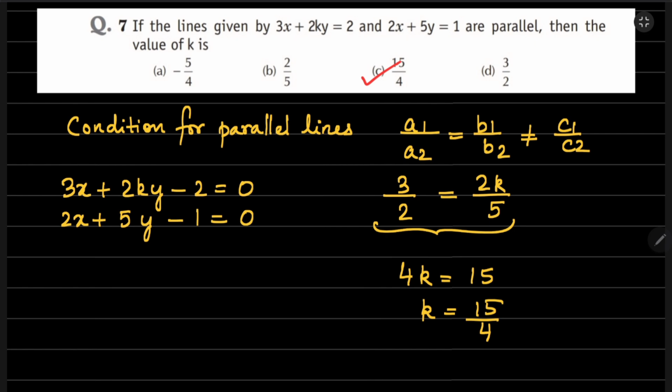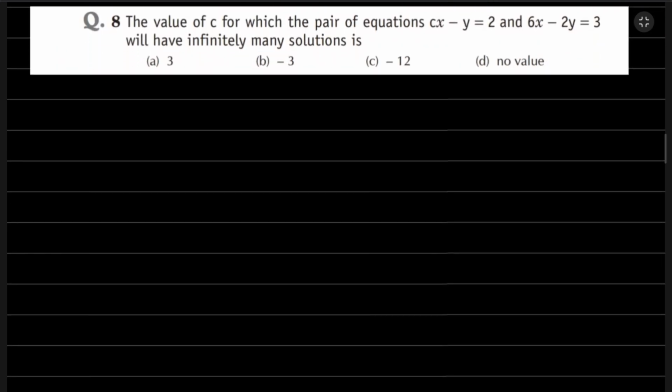It is very easy provided you know those three conditions for unique solution, for infinitely many solutions, and for no solution. So let's move on to question number 8. Find the value of C for which the pair of equations will have infinitely many solutions.